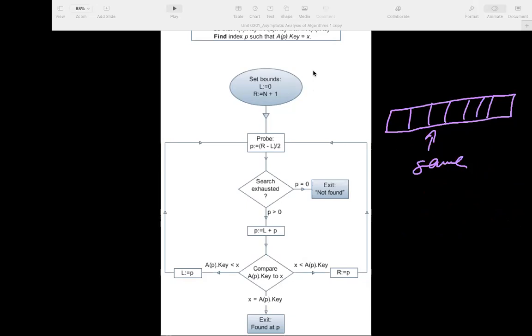So the question is, if we have, say, 5, 6, 10 elements, and 3 elements have the same value, the question changes a little bit. For example, 1, 2, 3, 3, 3, 3, 4.